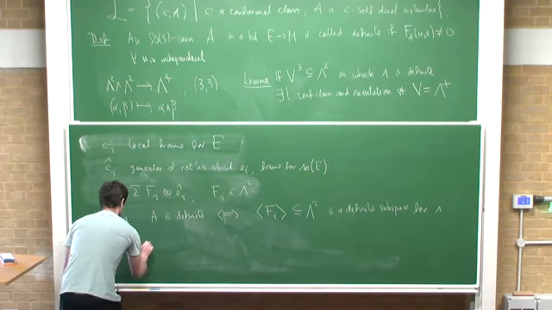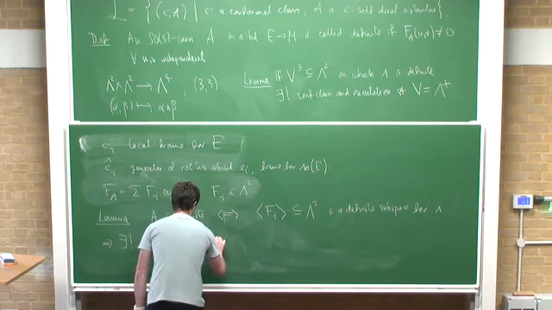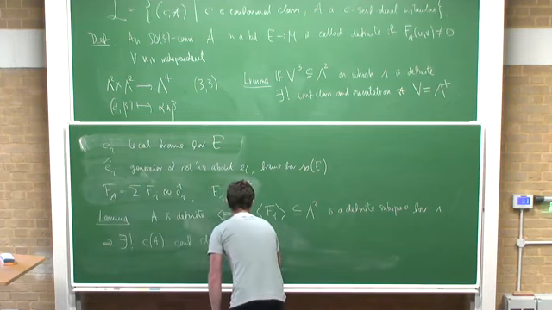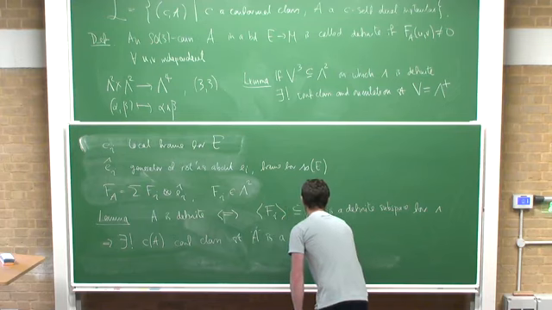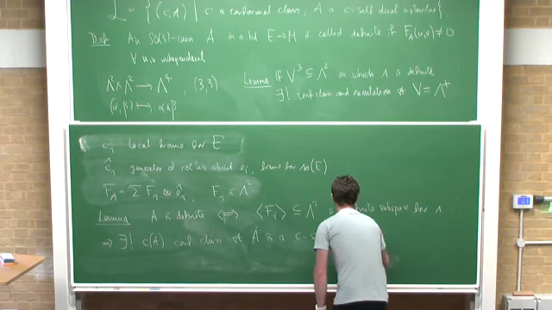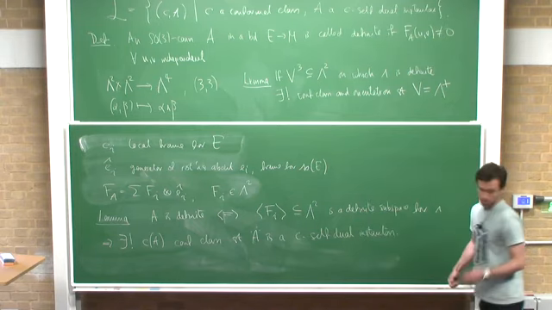So there's a unique conformal class C_A such that A is a C_A self-dual instanton.